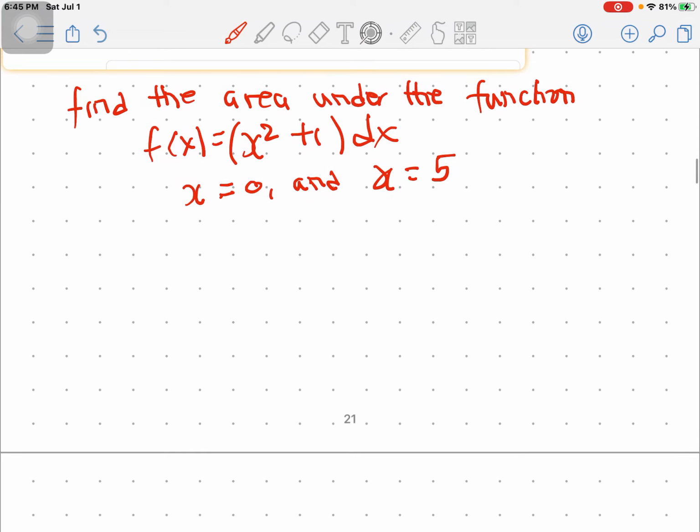So this is the question given: find the area under the function f of x equal to x squared plus 1 dx, of which x equal to 0 and x equal to 5.